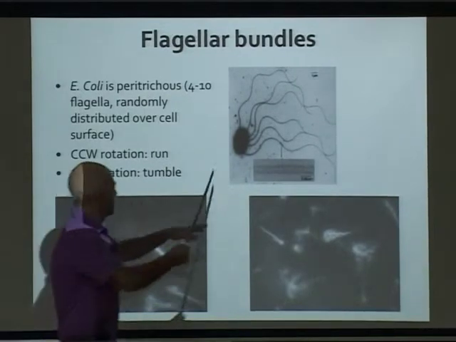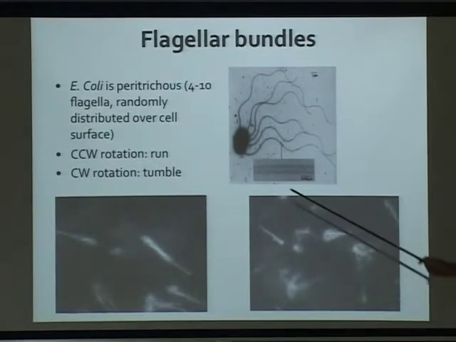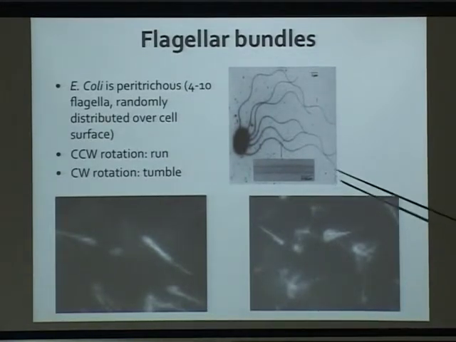But E. coli has them somewhere on the surface, no particular point of attachment for them. On average, there are seven flagella, but they can be as few as 3 or 1, or up to 10. No particular constraint on this.